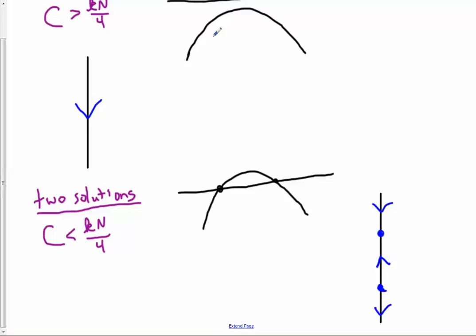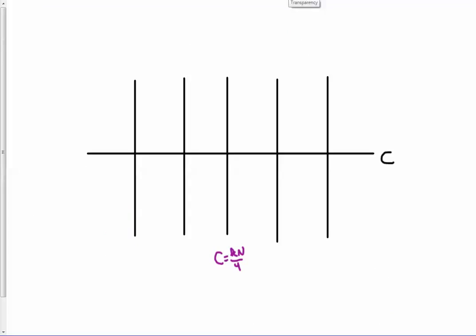Okay, so let's put it all together. I have my three separate phase lines, but let's put it all in sort of one bifurcation diagram. Here I'm going to draw a sequence of phase lines for different values of C. My middle one is going to be that key one, which is C equals kn over 4, because that appears to be where the bifurcation happens. And we saw that the phase line there was a single equilibrium point, down arrow, down arrow.